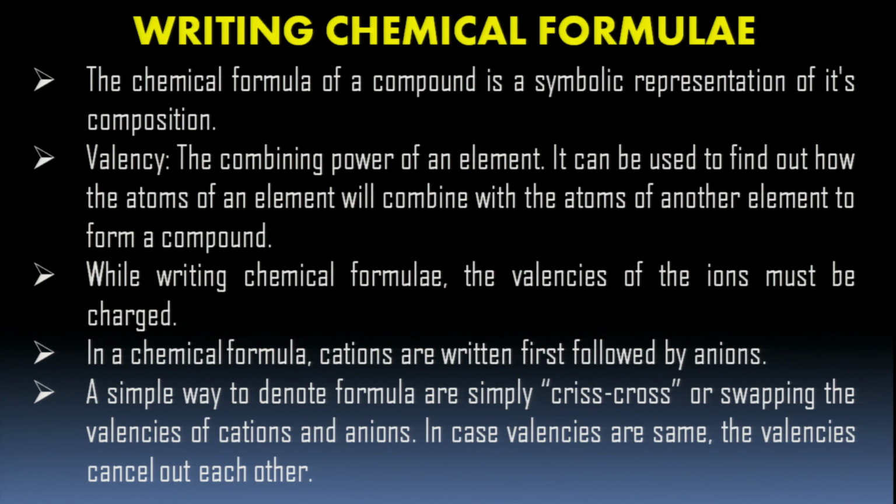Why do we have to write the chemical formula? We can just write 2 atoms of hydrogen react with 1 atom of oxygen, we get water. And instead of writing that, H2O, which one do you find comfortable? Of course, we find the formula comfortable. Is not it? So, it's required to write the formula.